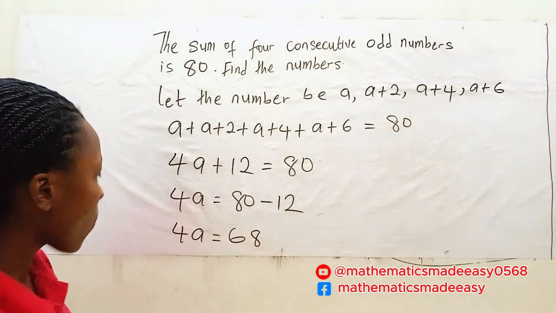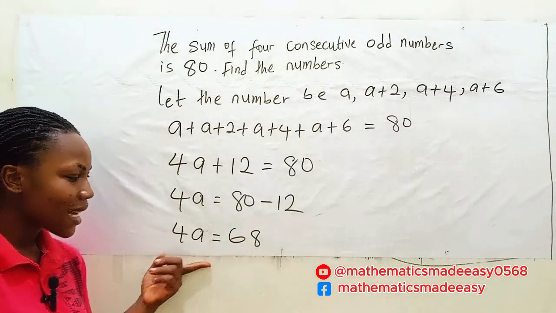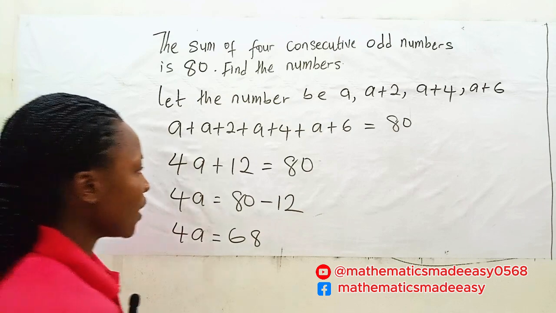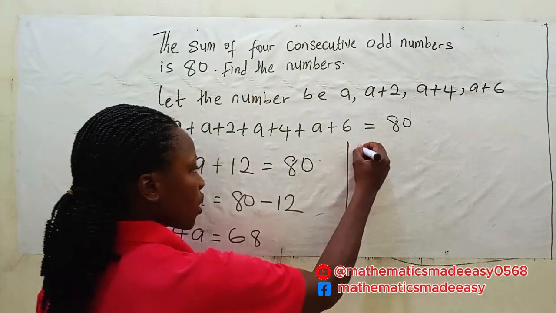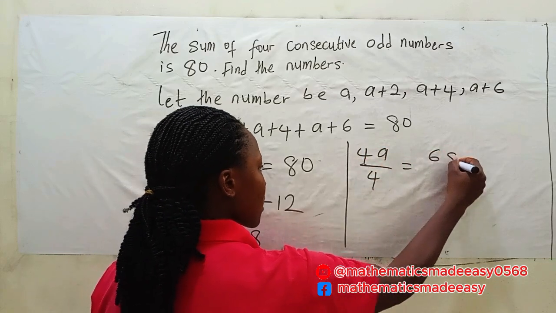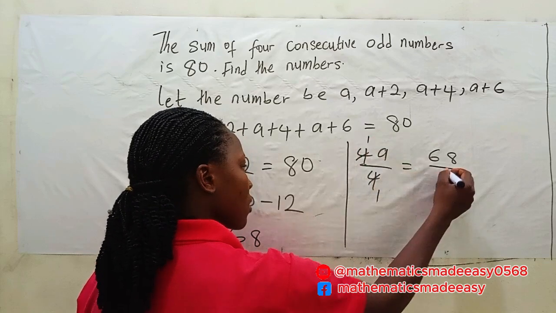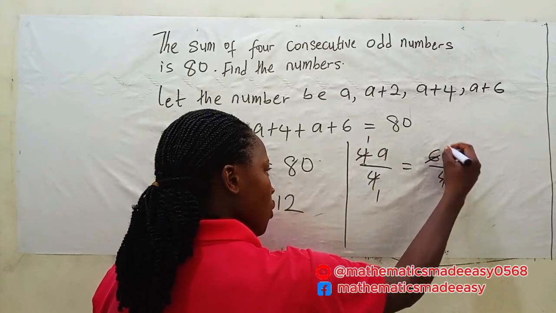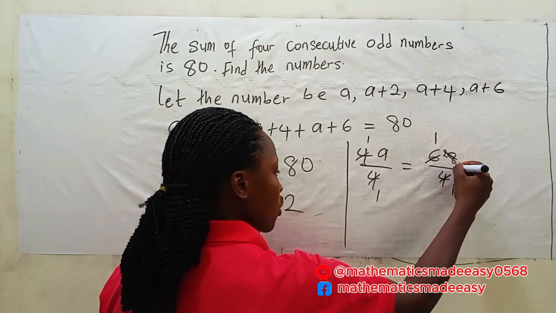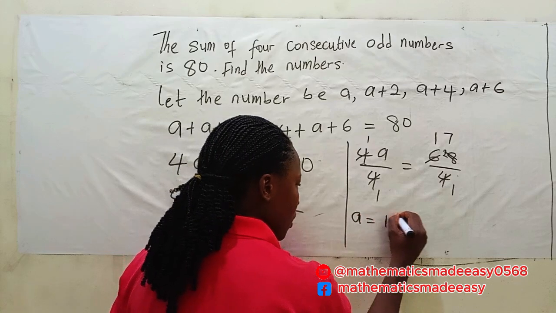All right, so now for us to find the value of our A, we have to divide both sides by 4, that is the coefficient of this A. Dividing it, we are going to have 4A over 4 equals 68 over 4. 4 into 6 is 1, 4 into 8 is 2... 4 into 28 is 7. So our A is equal to 17.